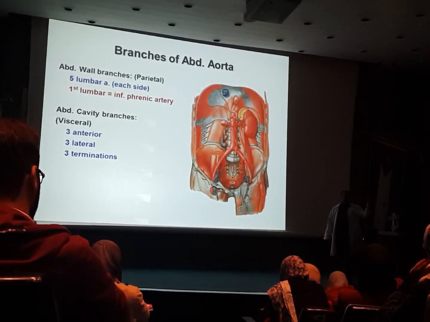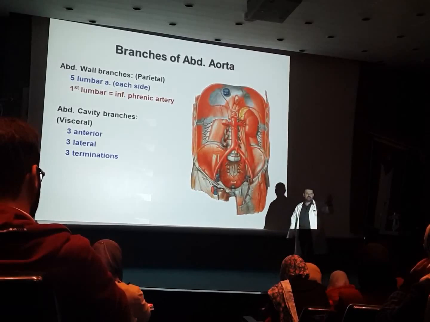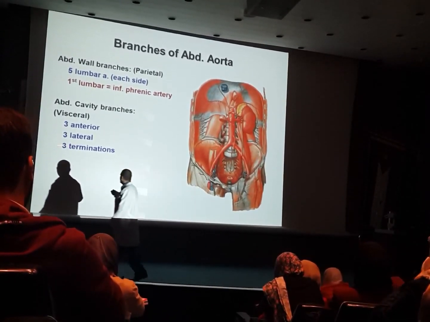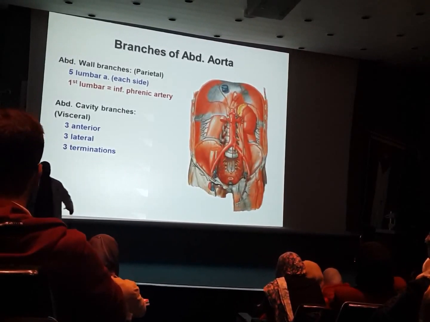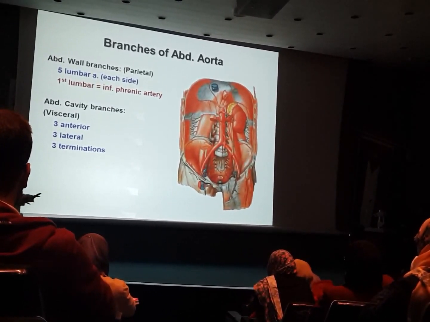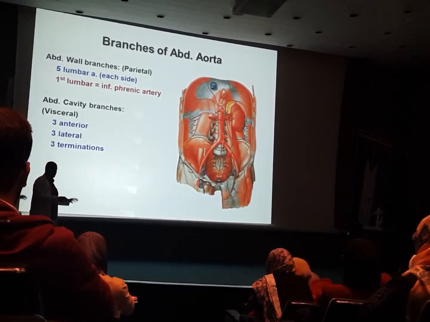It will be ovarian or testicular, or in general gonadal. So we will have a gonadal artery. We don't concern ourselves with these 3 lateral branches because they are not related to the GI system. You will study these in the urogenital system.